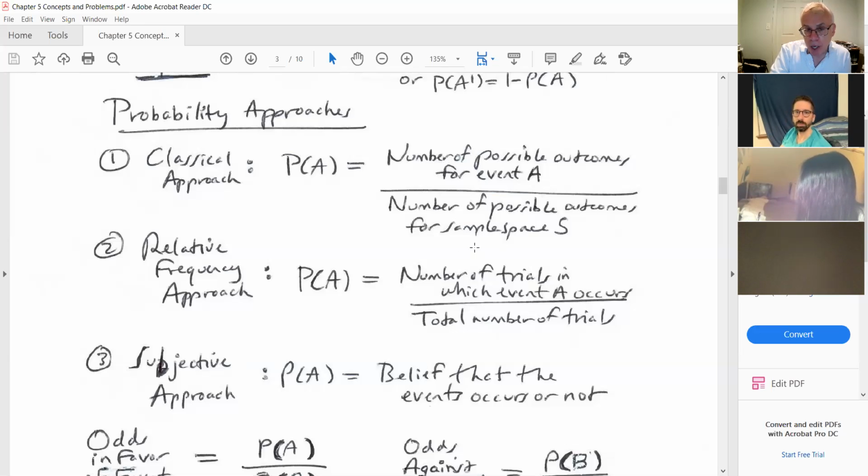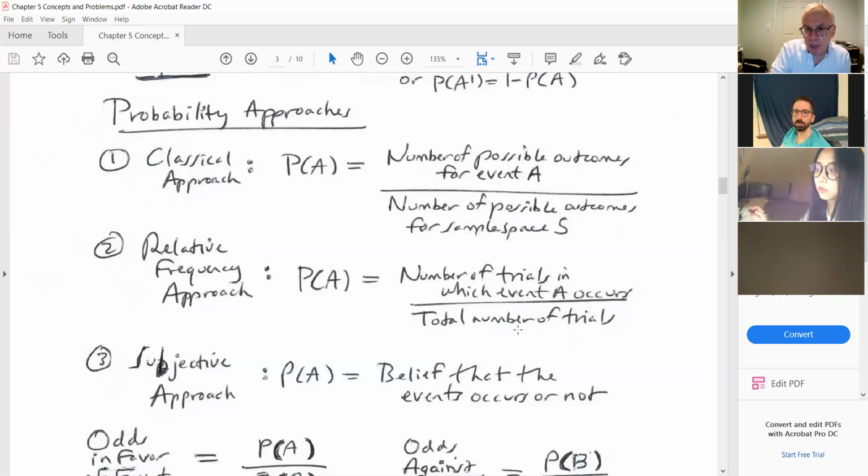If we don't know it ahead of time, we do what's called the relative frequency approach. That is, we run an experiment, and the denominator tells us how many trials of that experiment we run. So if I flip a coin 10 times, 10 is the denominator. And I want to know how many heads we got. That's the result of the experiment. Maybe you got six flips of the coin that were heads. So the answer would be 6 divided by 10.